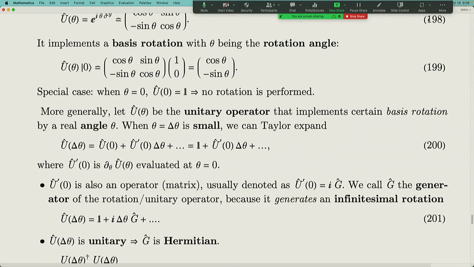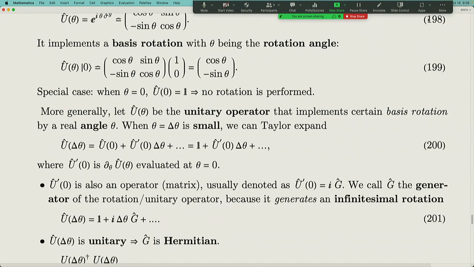What do I mean by this bracket theta? It means this is a function of theta. But this function takes the real number theta as input, and its output is not a real number, unlike a real function. Its output is a matrix, which means every matrix element in principle can depend on theta.